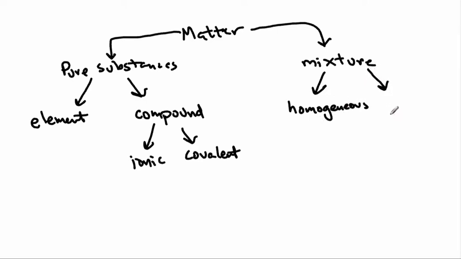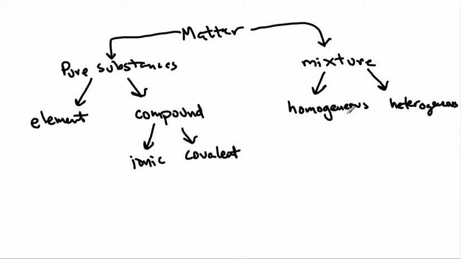Now, for something like salad dressing, where you can distinguish the components, that's heterogeneous. A heterogeneous mixture would be something like salad dressing, or you can imagine chocolate chip cookies. When we did the separating mixtures lab, the mixture we started with was a heterogeneous mixture because you could see the sand different from the iron, different from the salt that was there.